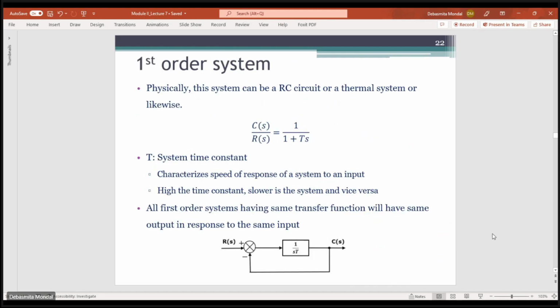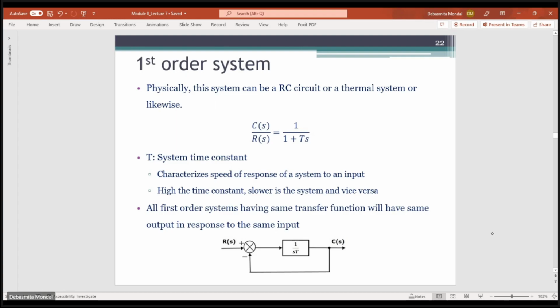So now let's see what a first order system is. A first order system means the number of poles in the system is 1. The maximum power of s in the denominator will be equal to 1.